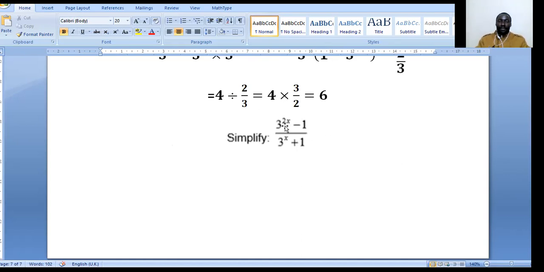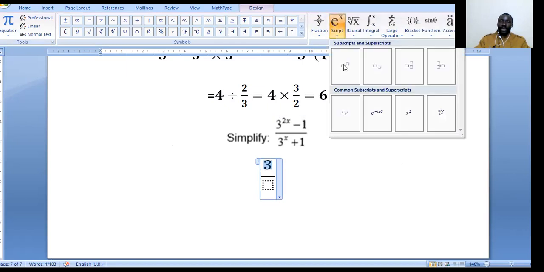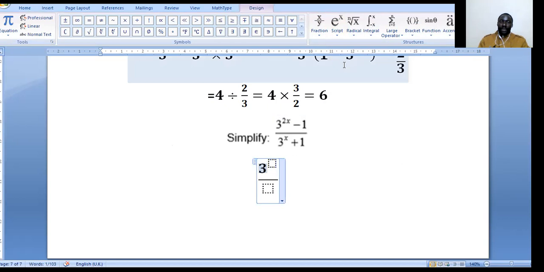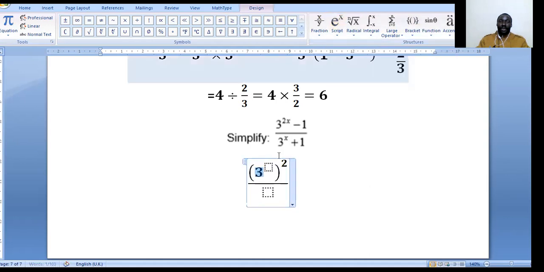Now, notice that the numerator is where we have a big simplification. This one can be written as 3 exponent, we can put this 2 outside, then inside here we'll have a bracket, and inside the bracket we can have 3 exponent x, like that, because x times 2 is still the same thing.